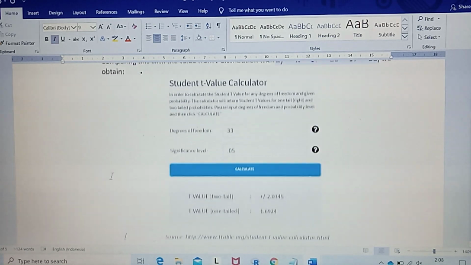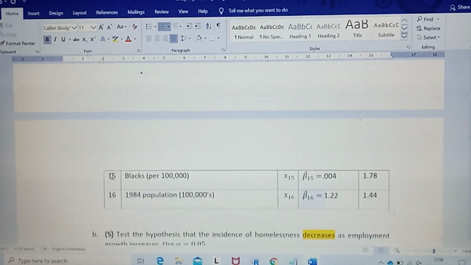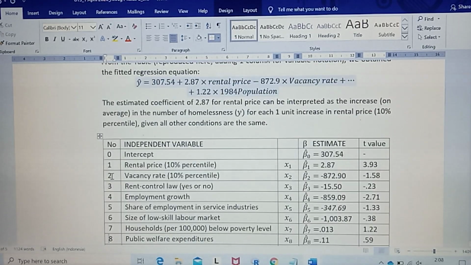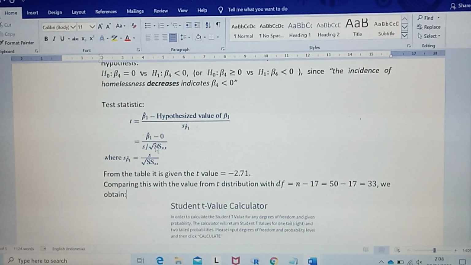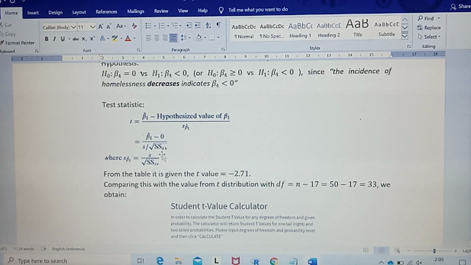So from this table, the t value is given as minus 2.71. So there is no use of doing this kind of calculation. Yes, we are given beta 1 hat, but we are not given the information about the standard deviation or the sum of squares of the deviation of x, symbolized by Sxx.